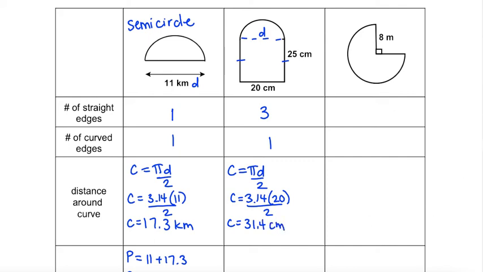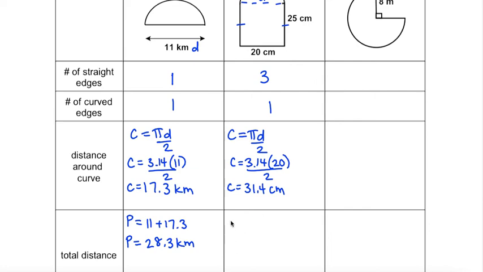So now when I'm looking at the total perimeter of this shape, I'm going to add up my 25 plus 20 plus 25 plus 31.4, which gives me an answer of 101.4, and my units are centimeters.